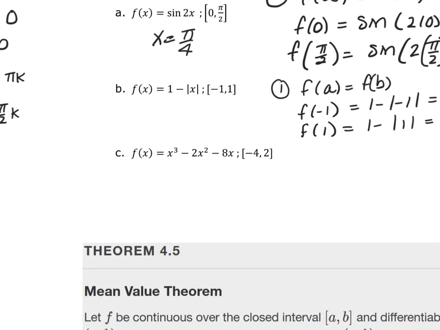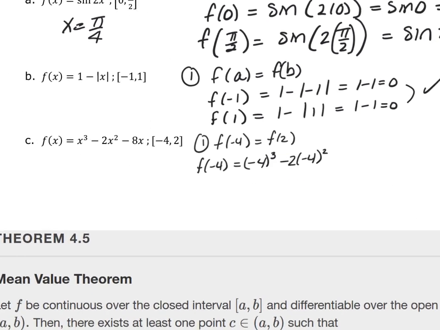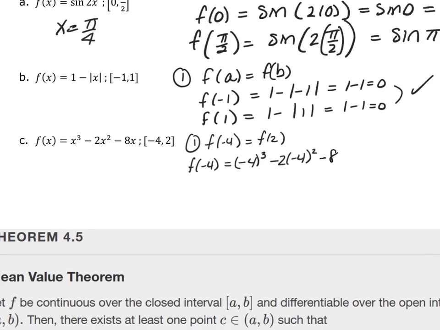Looking at C, I'm going to go through the same process. I'm going to make sure that f of -4 is equal to f of 2. So f of -4 is equal to -4 cubed minus 2 times -4 squared minus 8 multiplied by -4.